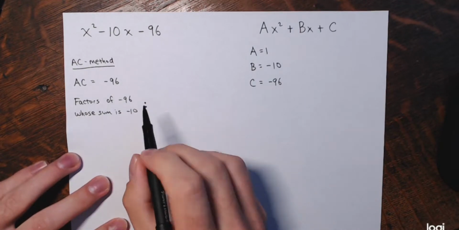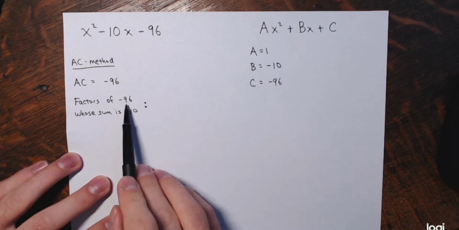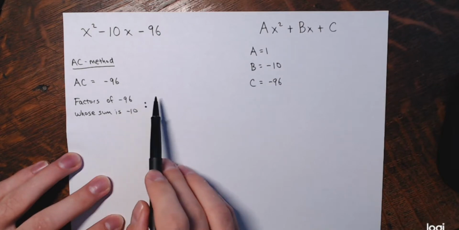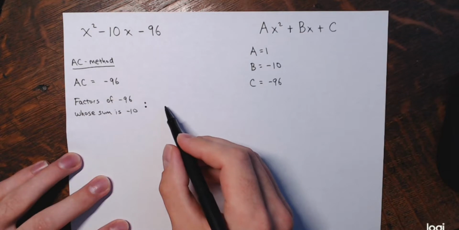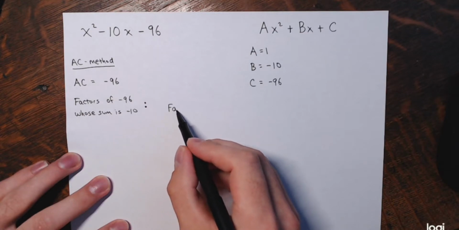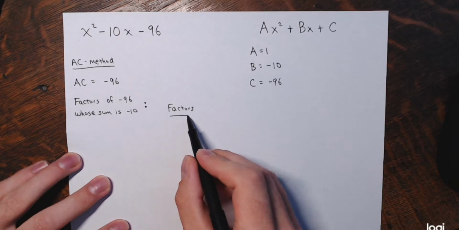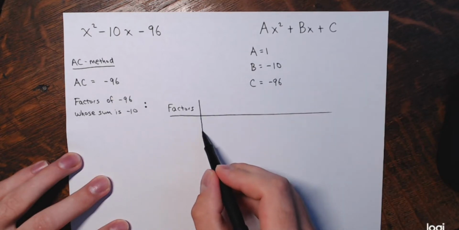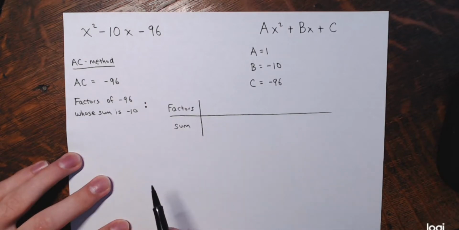All right. So again, you can start thinking of, now this time though, the number is a negative number, negative 96. So one factor's got to be negative, the other factor's got to be positive. All right, I'll do this one more time. So I'll make a table of factors of negative 96 and their sum. We're looking for a sum of negative 10.